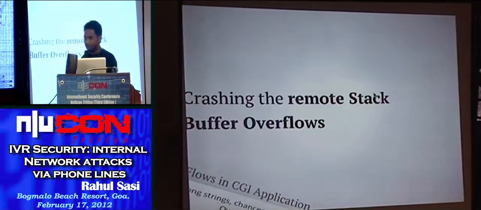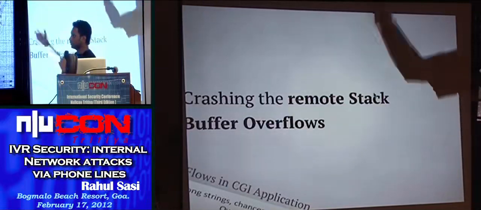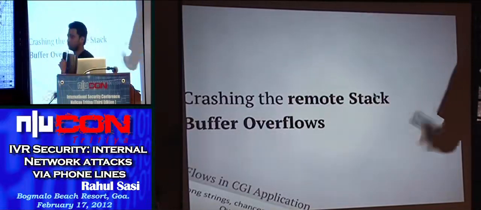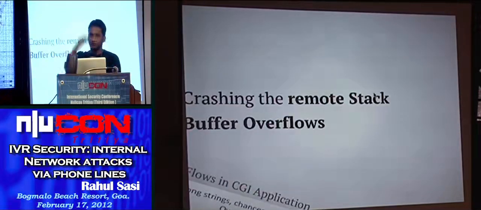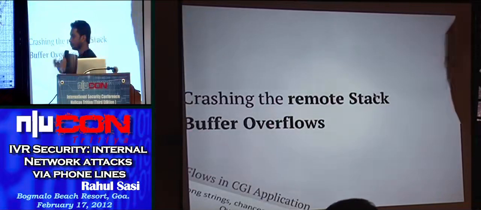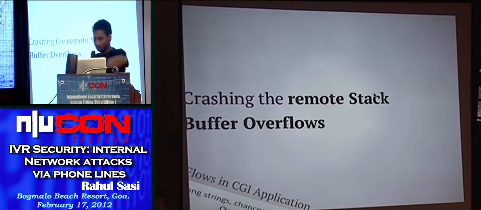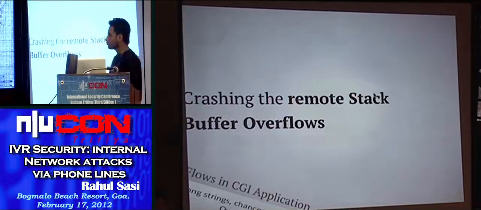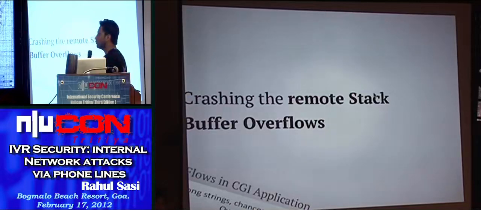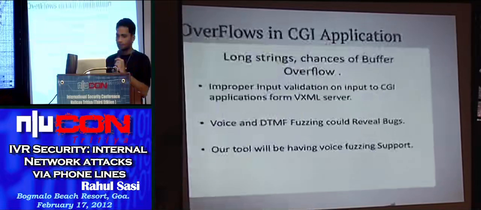That means if I say A, it will create a long string, and if the string is sent to an overflow CGI application in the backend, then we could crash that particular server. So with these payloads, we'll be able to crash those servers.